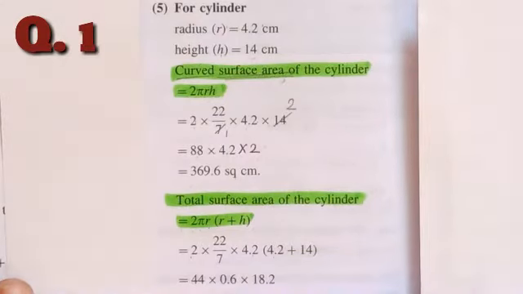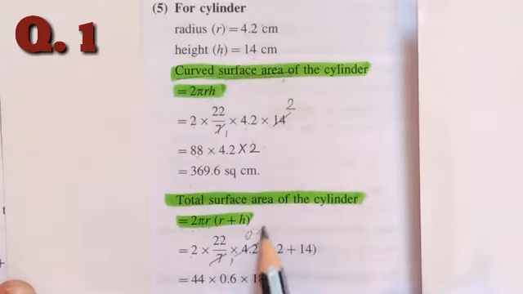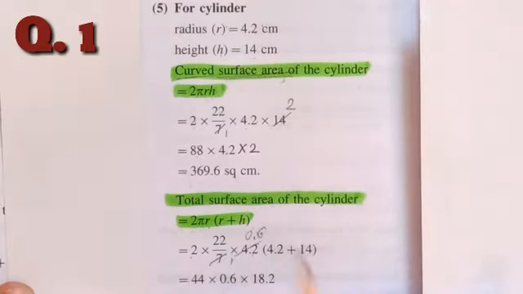Now students, if we do the calculation, 7 ones are 7, 7 0.6, that answer will be here. 2 into 22, answer will be 44, multiply with 0.6, and addition of these two numbers is here.